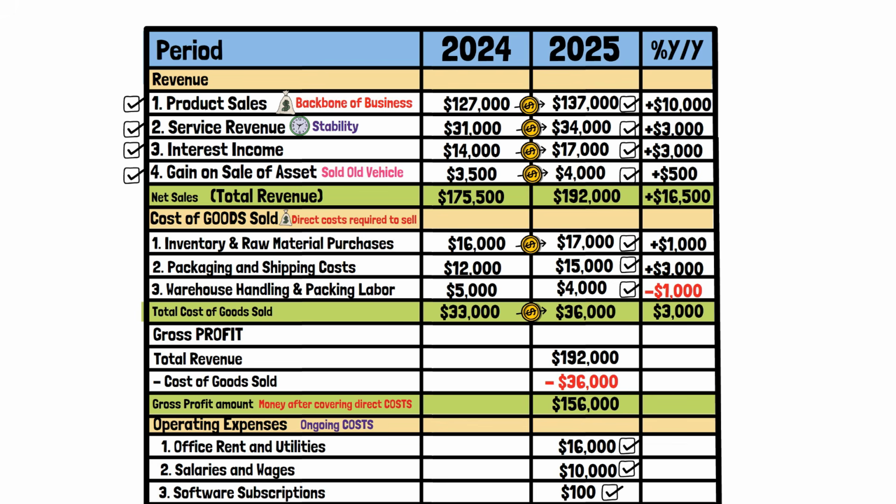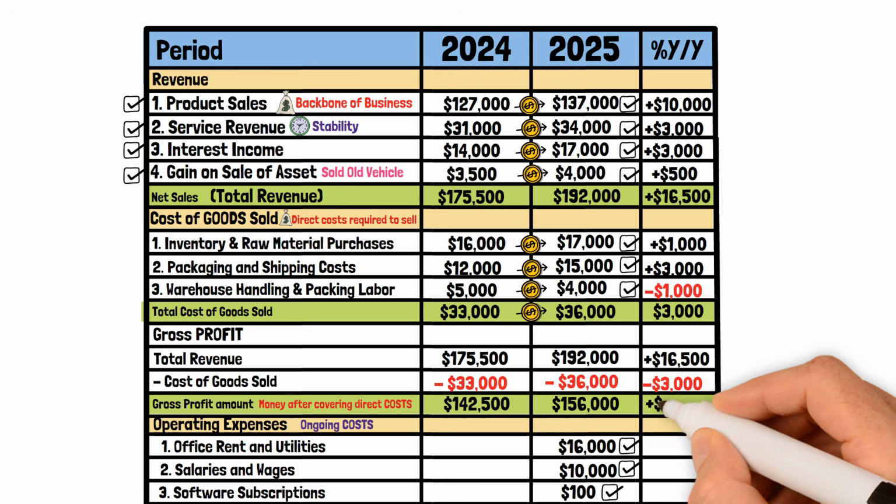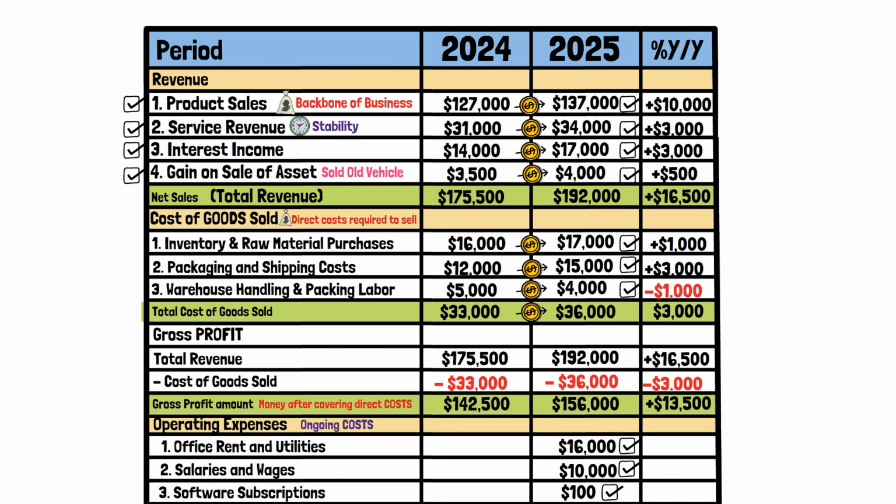Packaging and shipping increased from $12,000 to $15,000. And direct handling labor decreased slightly from $5,000 to $4,000, showing some operational efficiency in warehouse work. Even with higher costs, gross profit improved because revenue growth outpaced cost growth.